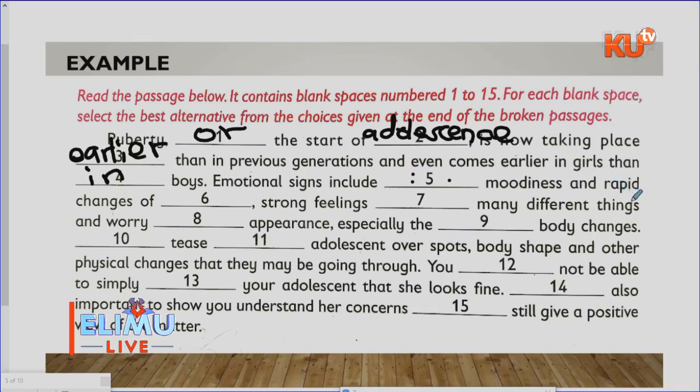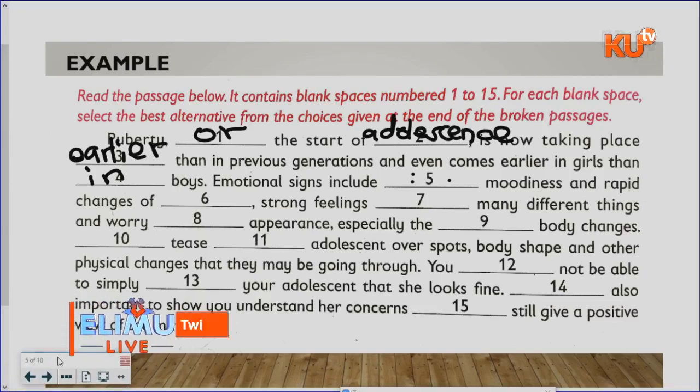Moodiness and rapid changes of dash. 6, you're given temperature, understanding, temperament, happiness.